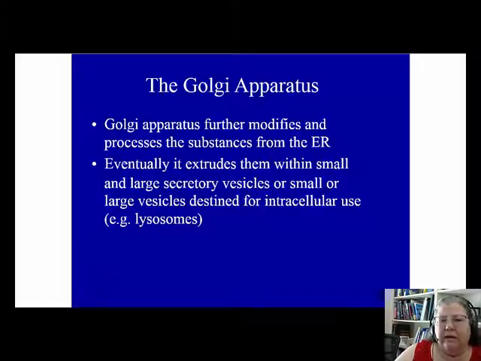So again, secretory vesicles are destined to go to usually one side of the cell where they fuse with the cell membrane and the contents are dispersed into the interstitial fluid. Lysosomes are used within the cell.